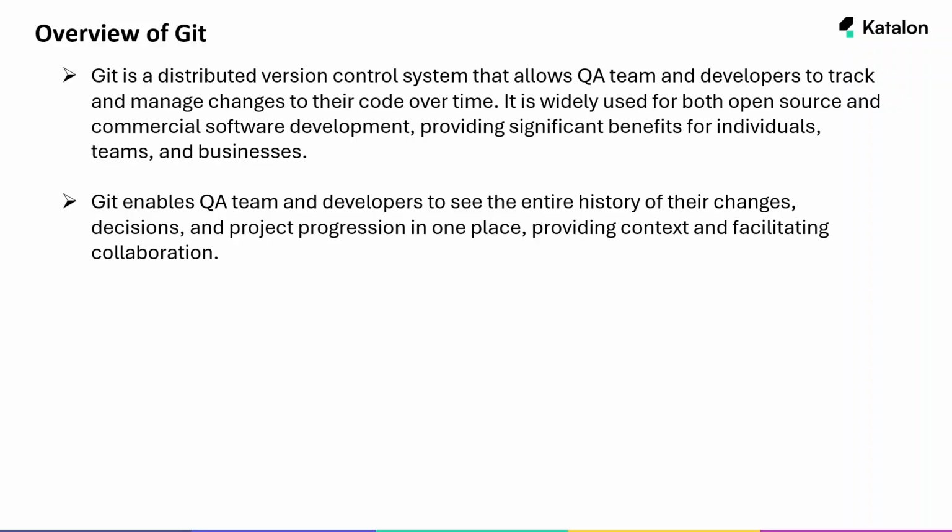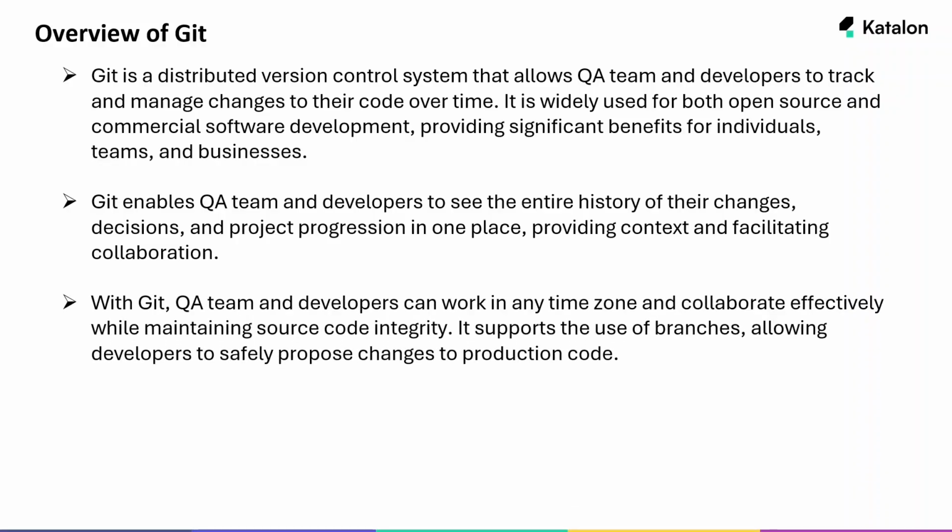As I explained earlier, if multiple teams start automating multiple modules on their local machines, it is difficult to manage the changes and difficult to track the history of the changes. So Git enables teams to see their entire history of changes, decisions, and project progression in one place.